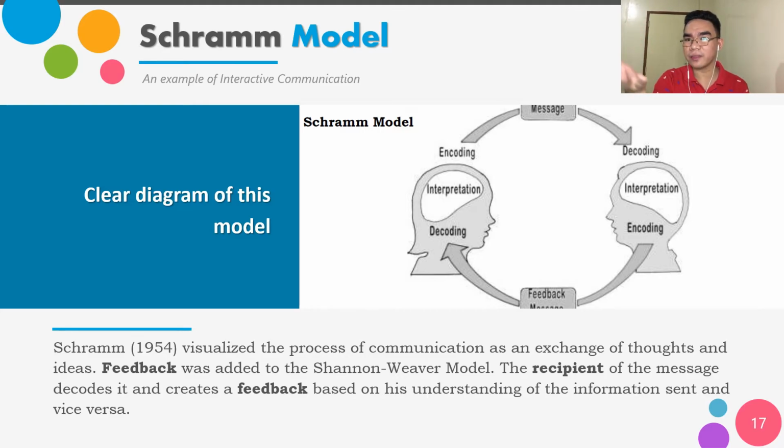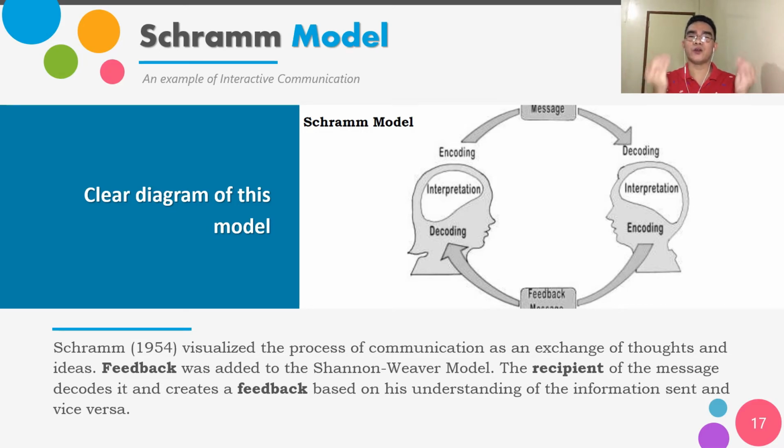And then once again, the arrow represents the way the message has been sent. So it's going back to the sender, and now there will be an exchanging of roles because the sender will now be the receiver of the feedback message. Did you get it?